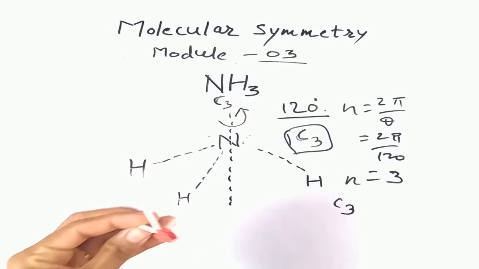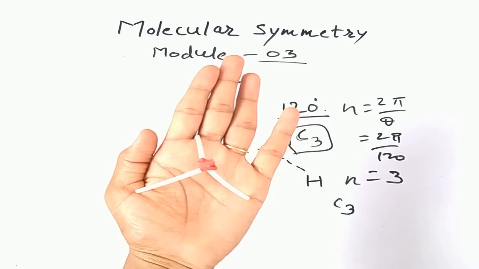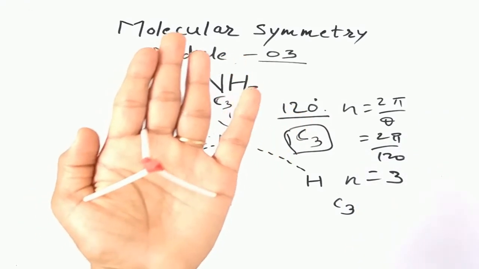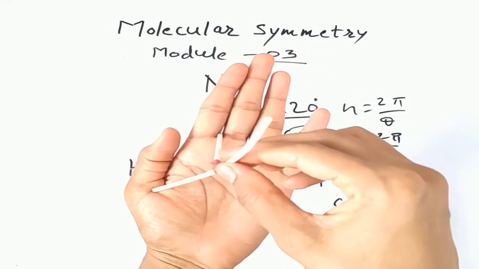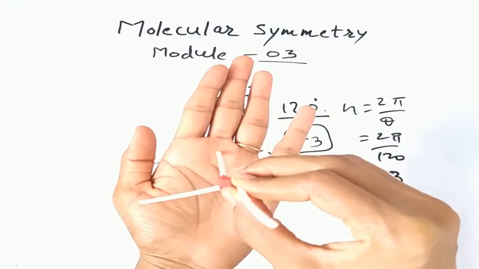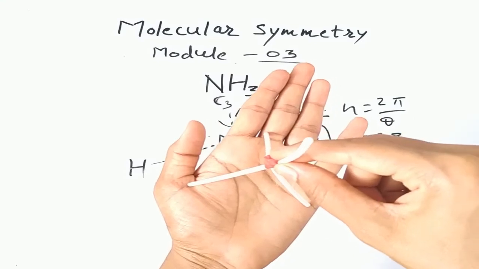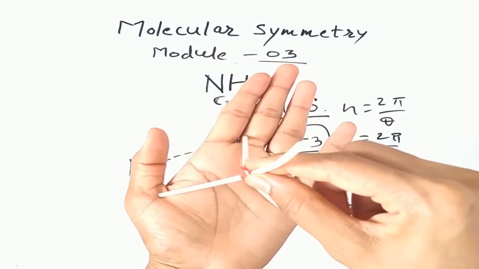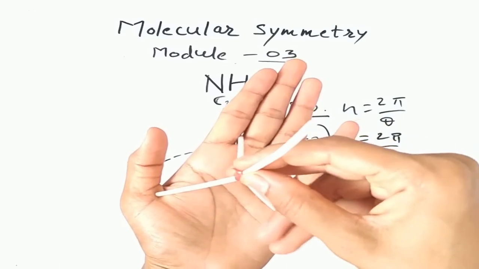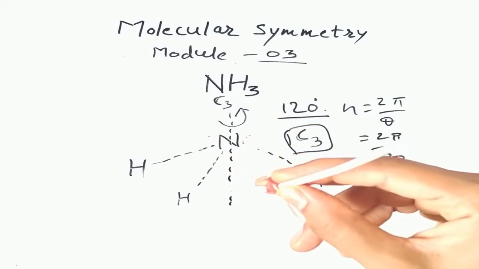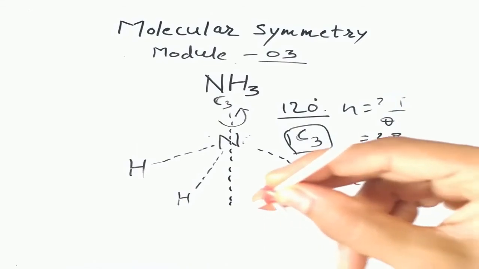Similarly, for methane, what is the structure of methane? It is tetrahedral. Means you need to add just one more bond for a fourth hydrogen. Can you see? You can add just a fourth hydrogen atom to this pyramidal structure. It becomes tetrahedral. In this way also, how will you pass the rotational axis? Just like ammonia, but as the rotational axis is unable to be seen over the white background, I will be using another background.